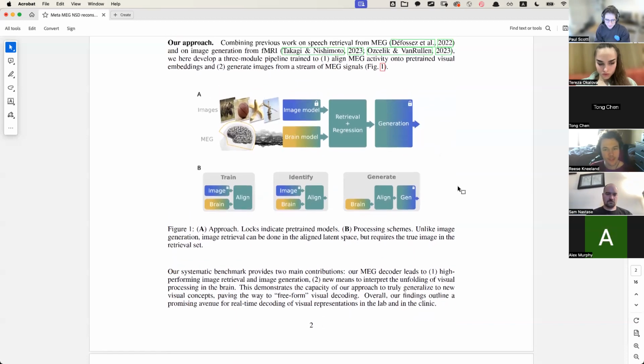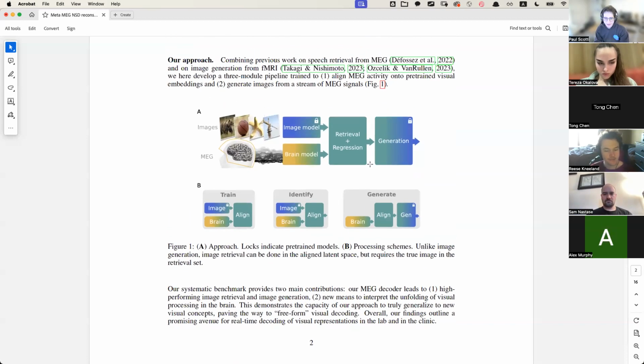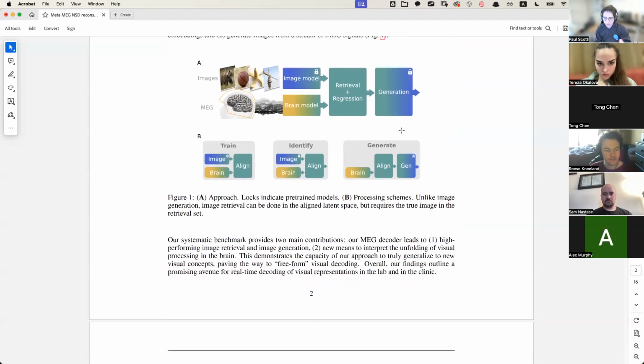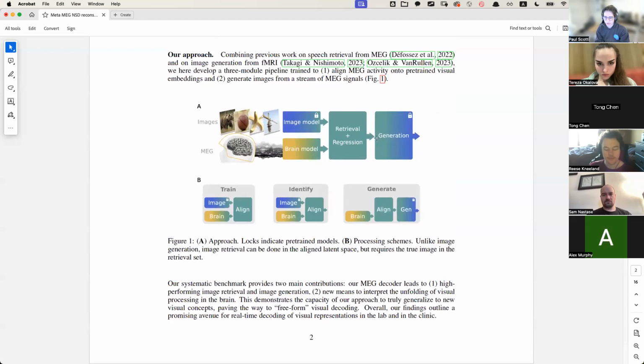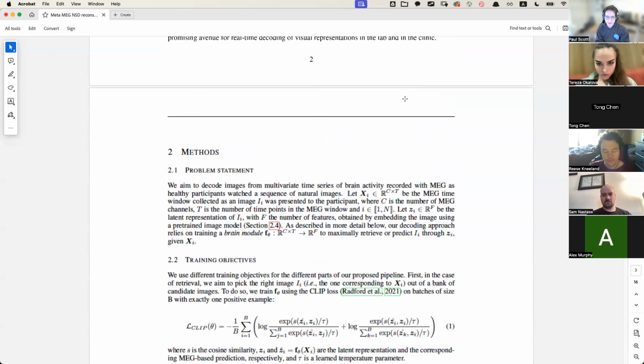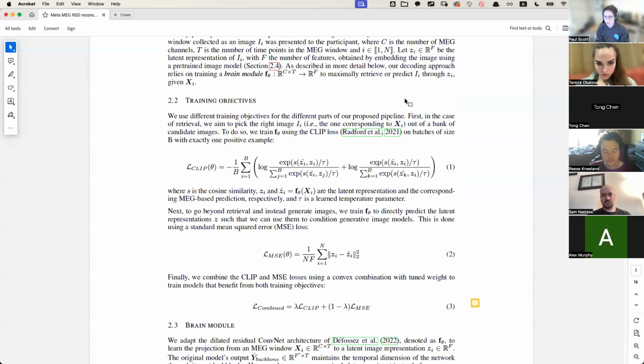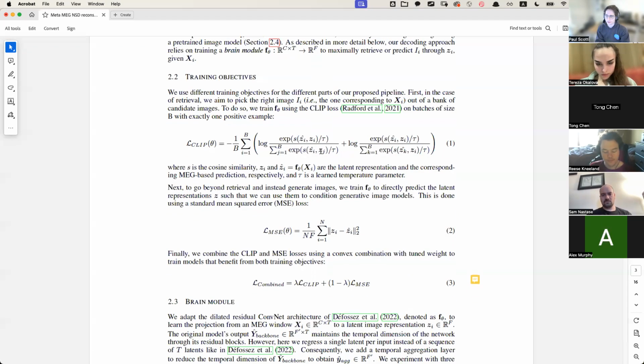Okay, I'm going to keep going through the paper. I'm not going to go into all the detail right now of exactly how they do the reconstruction, because they're borrowing it from Ozcelik and VanRullen. The idea is pretty simple, and it's the same as a lot of these fMRI papers: you take the brain signal and you use some model. That could be ridge regression or a convolutional approach, which is what they do here, or in our group's case, we do an MLP.